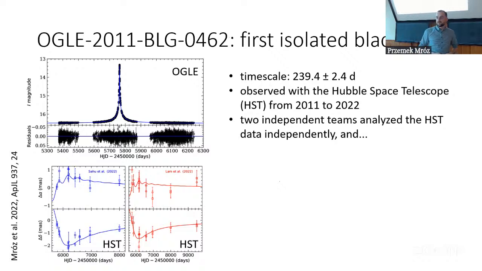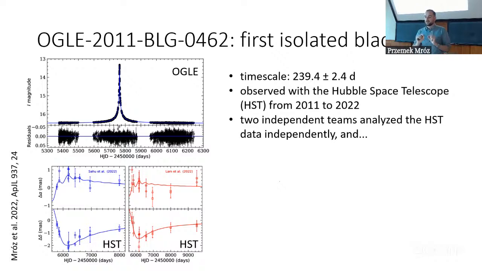And the first microlensing event for which these effects were robustly detected is OGLE-2011-BLG-0462. This was quite a long time scale event. The time scale was about 240 days. So one of the longest events during that year.